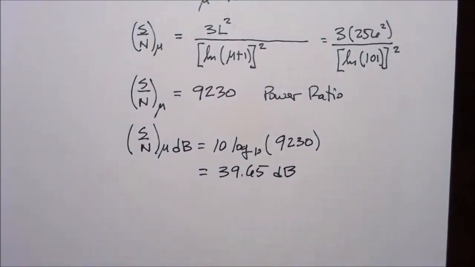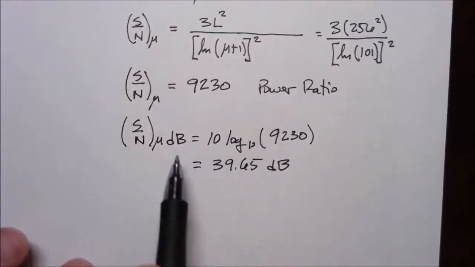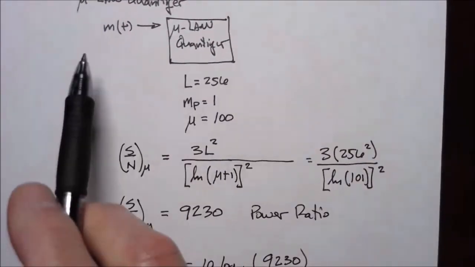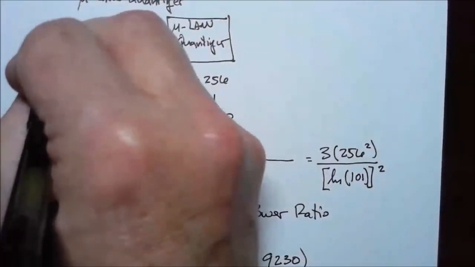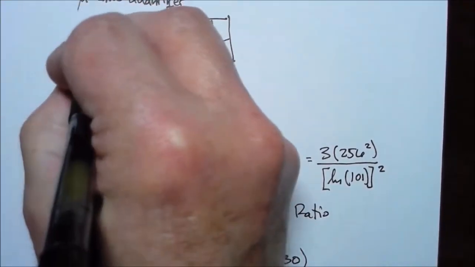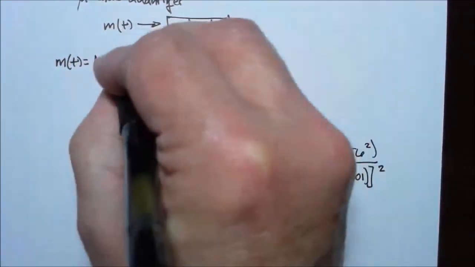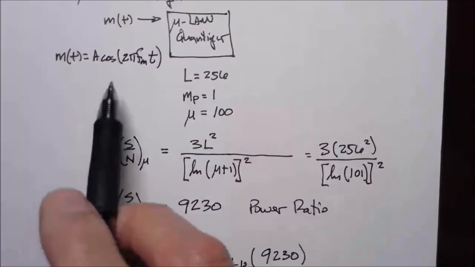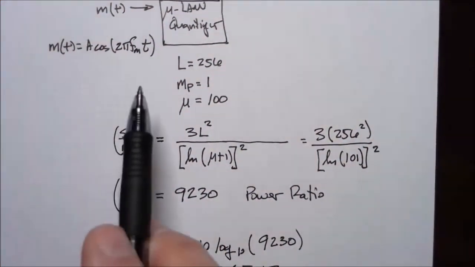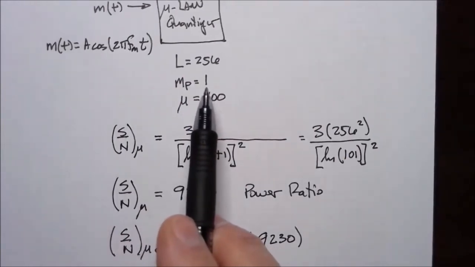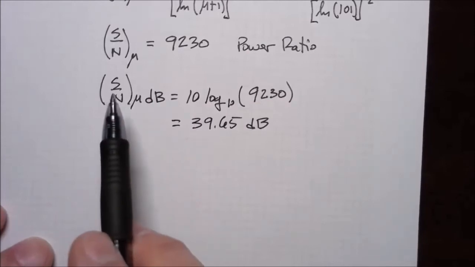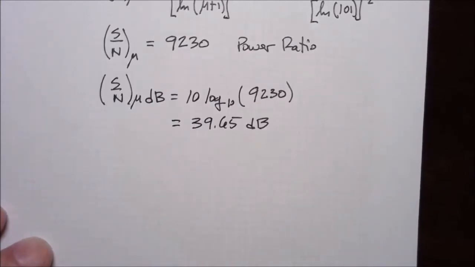Okay, and it is 39.65 decibels regardless of the amplitude of the message signal. We still have the same message signal, and regardless of its amplitude, as long as the amplitude, of course, is no greater than 1, we'll count the signal to noise ratio to be 36.7 decibels.